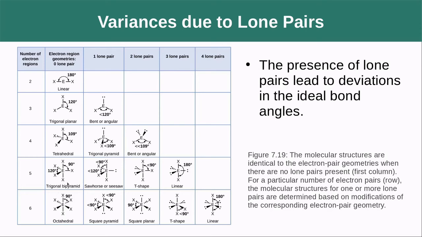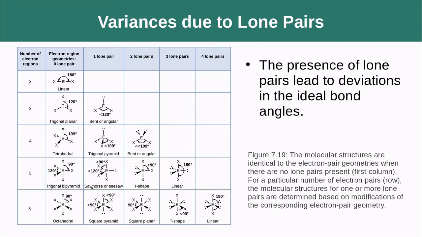Here we have our trigonal bipyramidal, and you can see that we get our 120 degrees here and our 90 between the equatorial and axial atoms. When we put in a lone pair, it starts to push these guys closer together, so that these now have less than 120 degrees apart, and this is even less than 90 degrees.